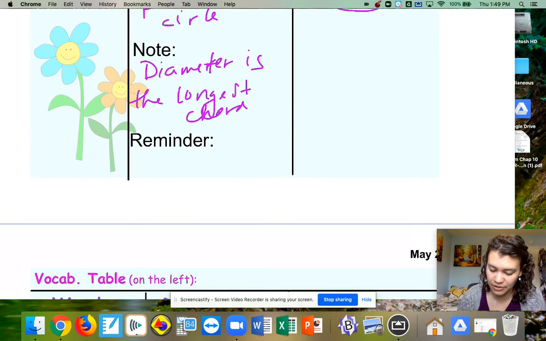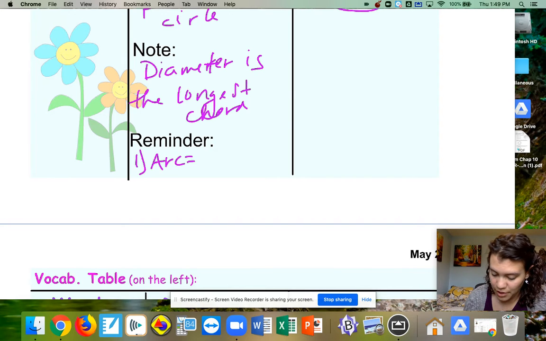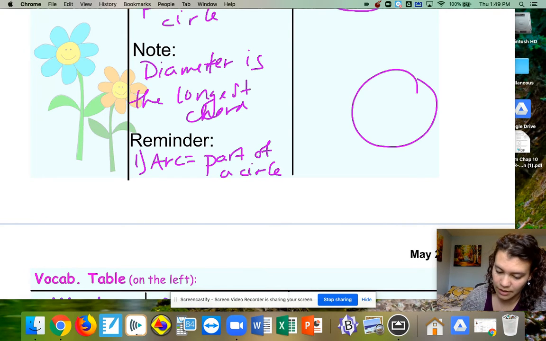And then just a reminder on some stuff we've done before, but an arc is part of a circle. So if I draw a circle again, an arc would be like this chunk.